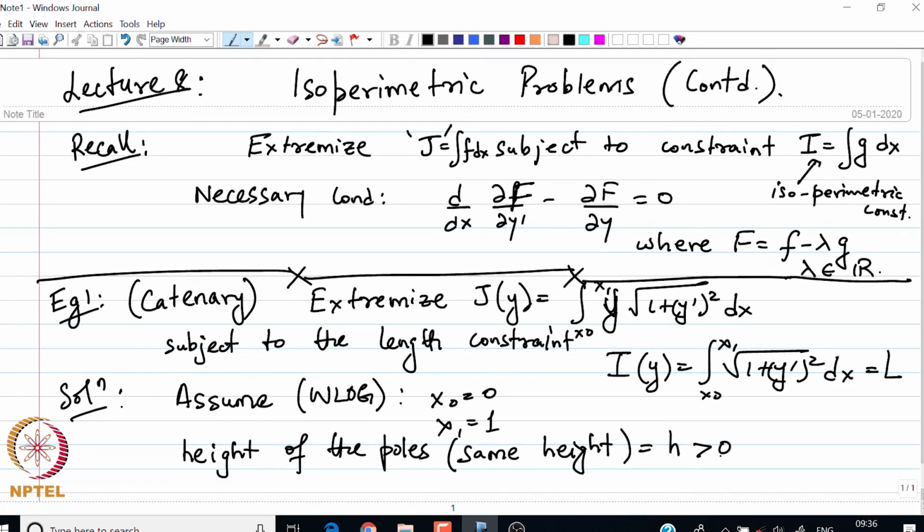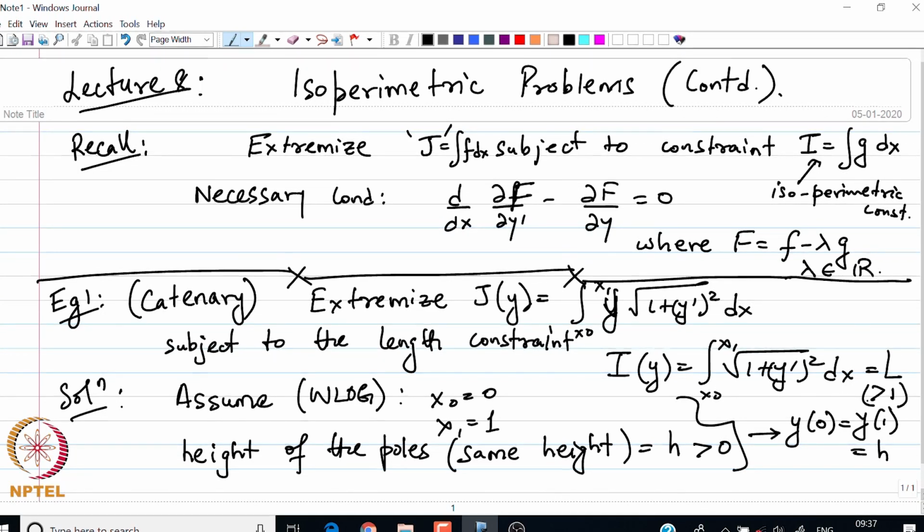So given these assumptions, my fixed boundary conditions are y of 0 is equal to y of 1 is equal to h. Further we also assume that the length of the cable L is greater than 1, because if L is equal to 1, then the only possible solution is a straight line parallel to the x axis, and if L is less than 1, then there won't be any solution. It is quite intuitive to see that.